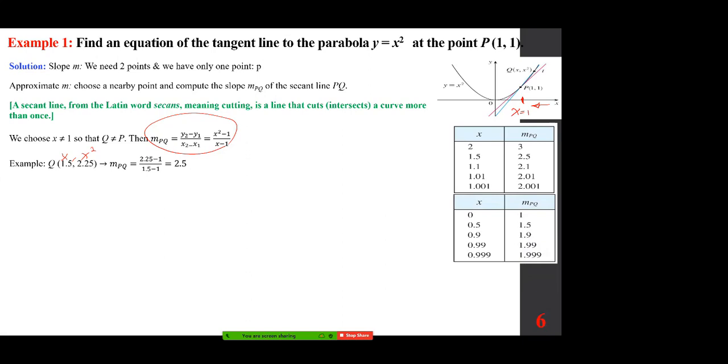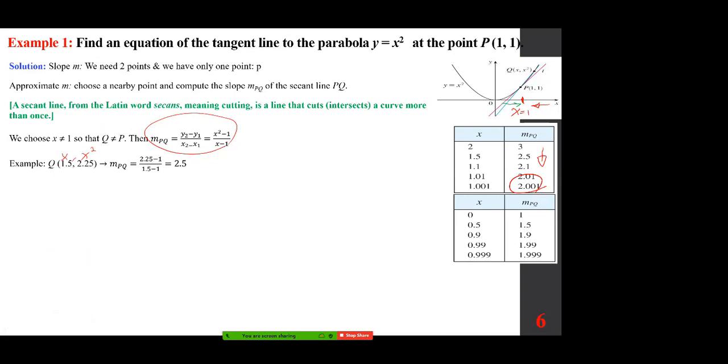We are approaching it from different angles, from the right and from the left. When we look at this column on the right side, the last number we see is 2.001.